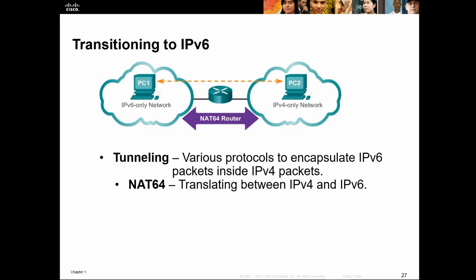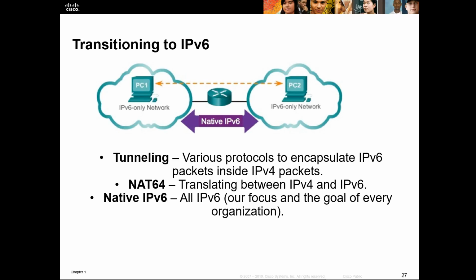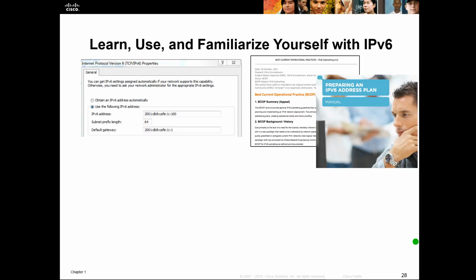We also have NAT64, which translates between IPv4 and IPv6. Native IPv6 is all IPv6 straight across. Our focus and the goal of every organization should be native IPv6. However, not a lot of organizations use IPv6.